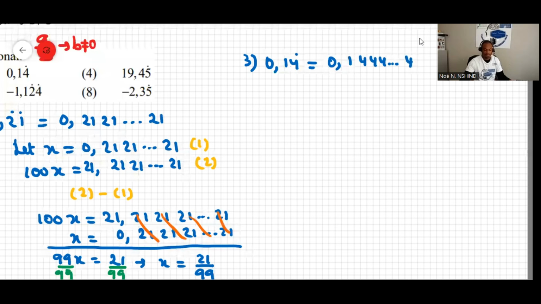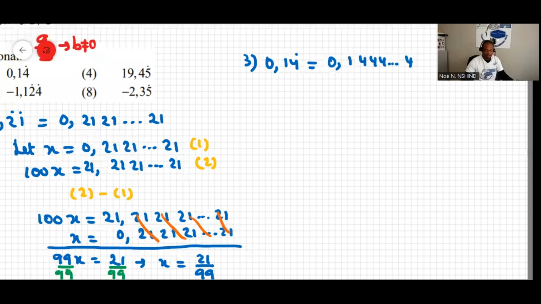Okay. Then in this case, as I was saying, the 1 and the 4 are both decimal parts, but only 4 repeats.